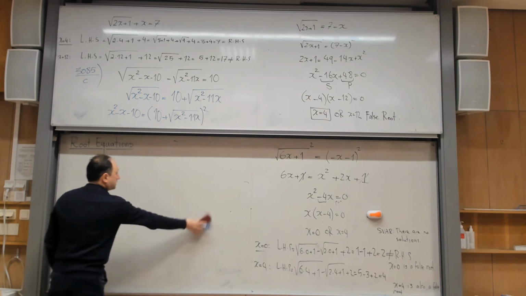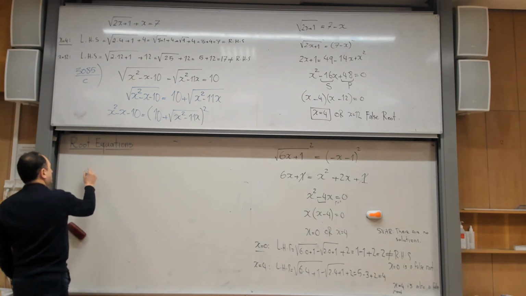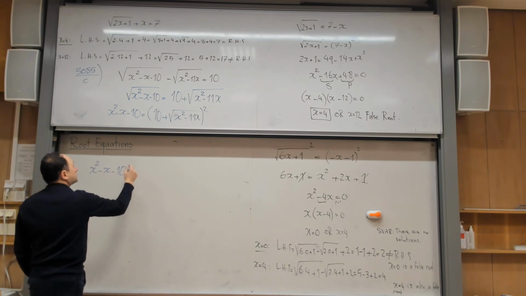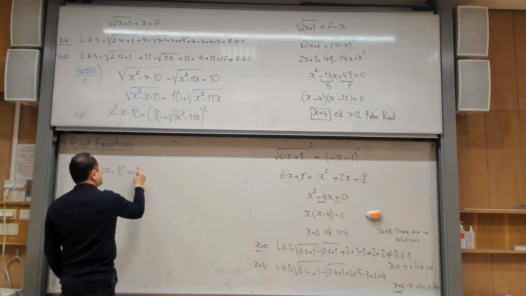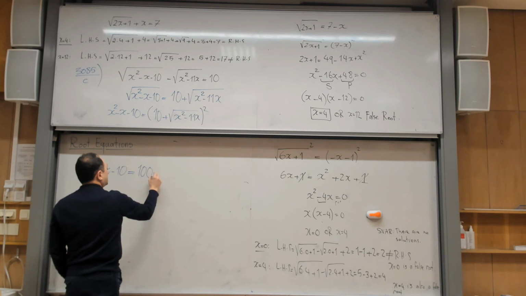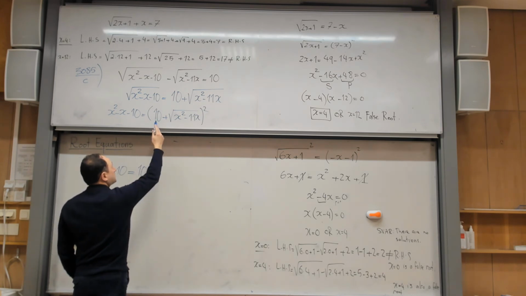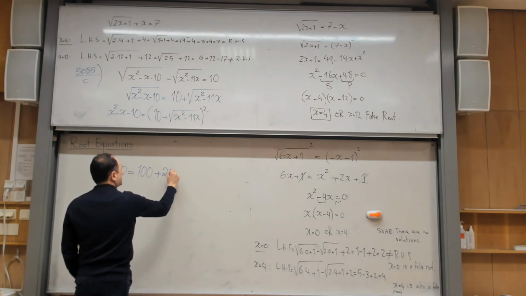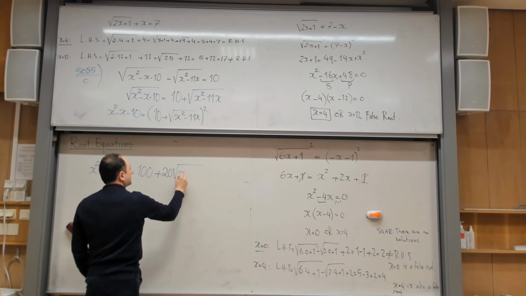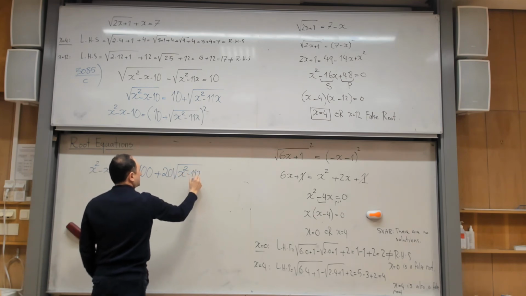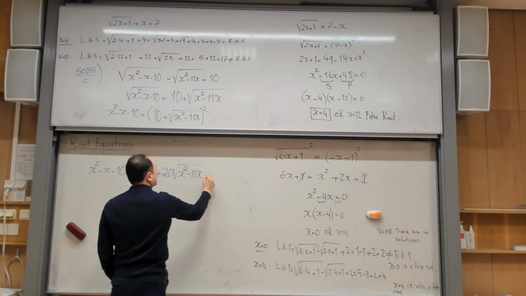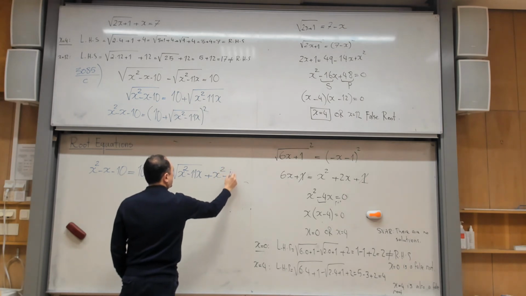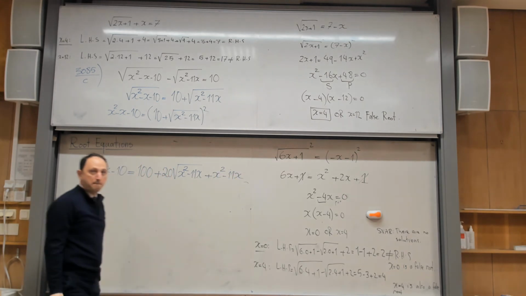So how should I write that? So I copy and paste the first part is equal to, when I square it, it becomes the first one squared, 2 times the first one times the second one, and the second one squared, which becomes x squared minus 11x. Right?